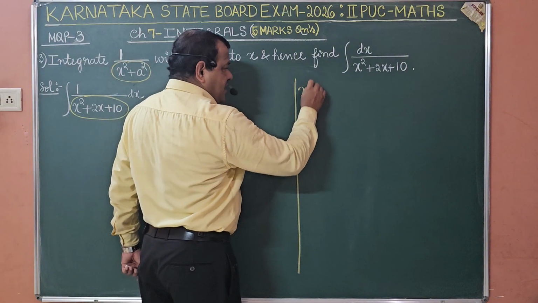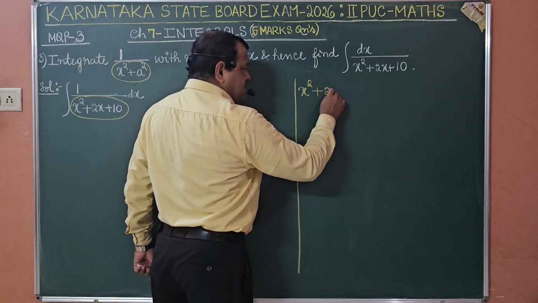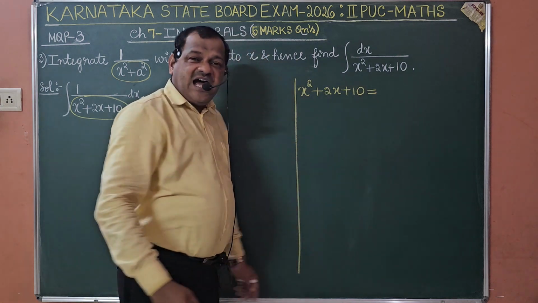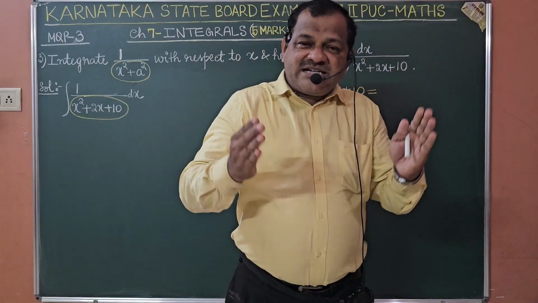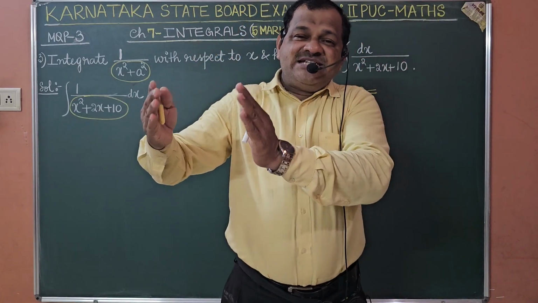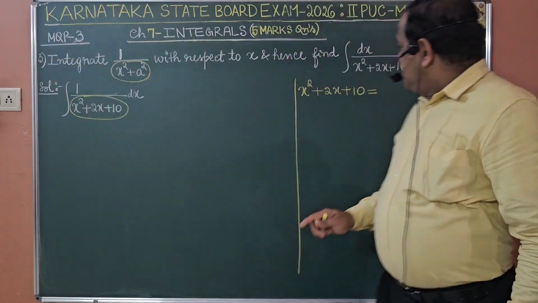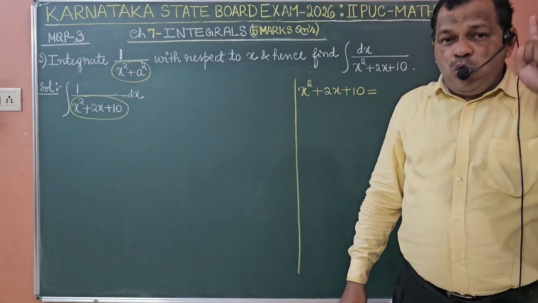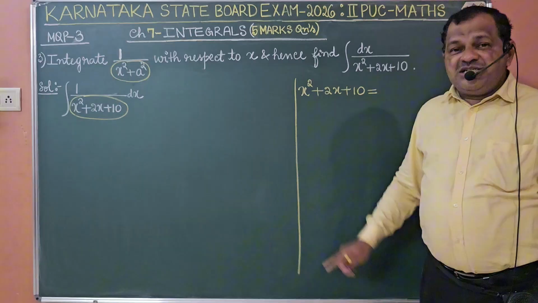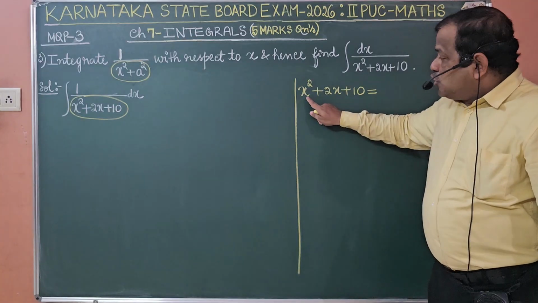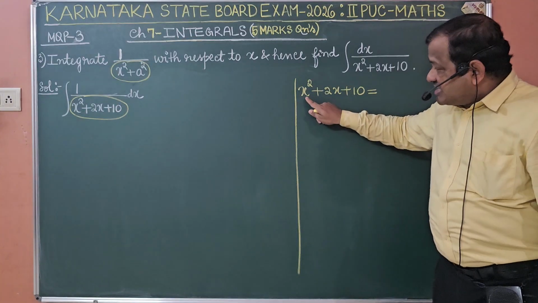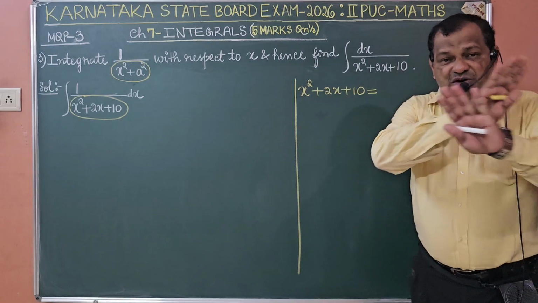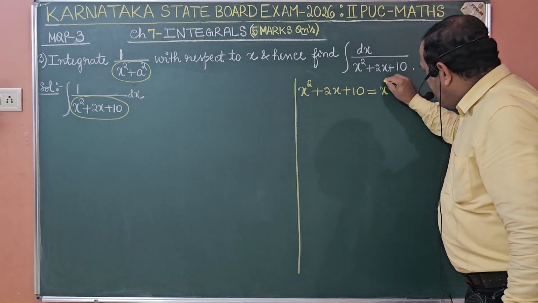Say we have x square plus 2x plus 10. I should write this as a perfect square plus some constant. To make it a perfect square, first rule is the coefficient of x square should be 1, and in this exercise, the coefficient of x square is already 1, therefore do not change x square.